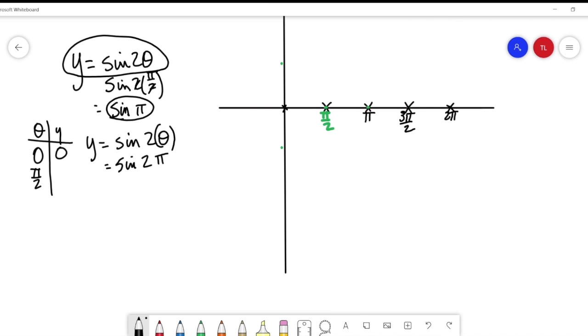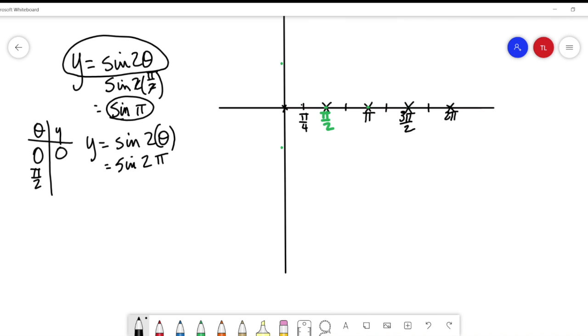The peak is halfway between these two. Now, where is halfway between 0 and pi over 2? Pi over 4.